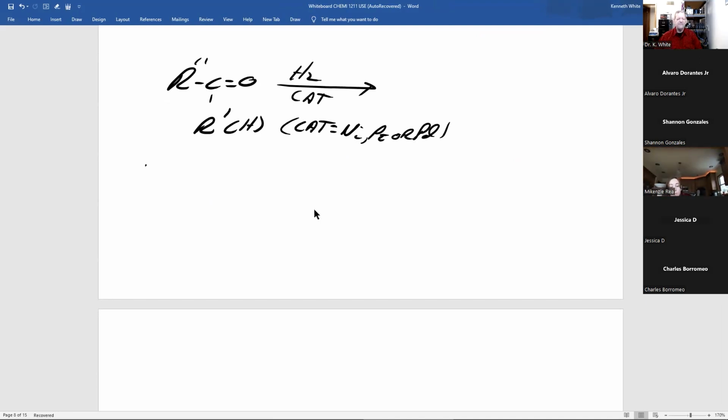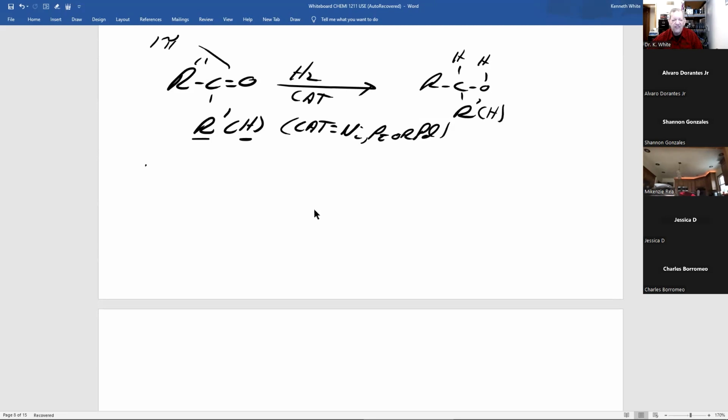And here we take an aldehyde or ketone. When R prime is hydrogen, it's an aldehyde. When it's carbon, it's a ketone. Remember, this has a pi bond we can break. And each atom of this carbonyl gets a hydrogen.